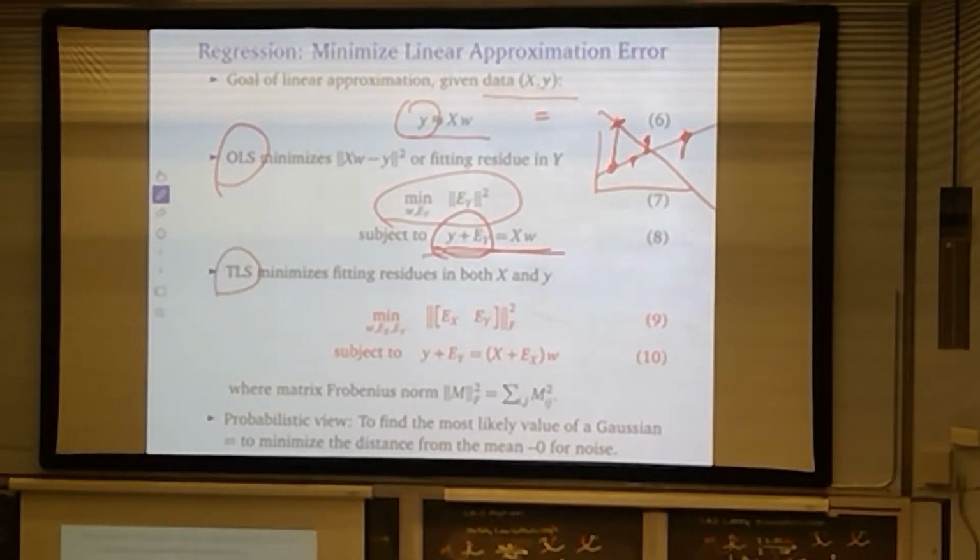TLS, because there's a noise in X as well, I'm allowed to adjust both X and Y. After I made the adjustment, you can think of in a point, initially these are my points. I can move any way I want, move away from this.